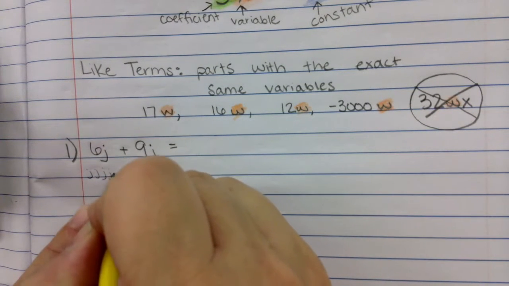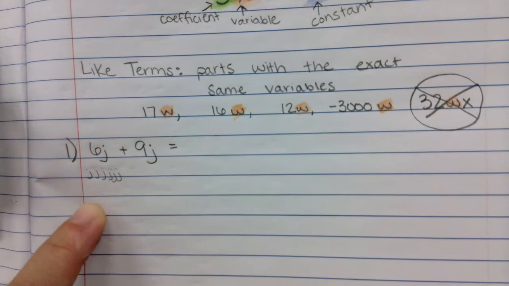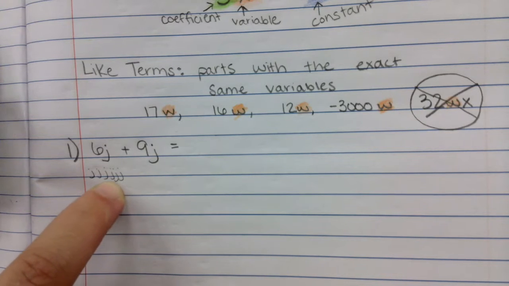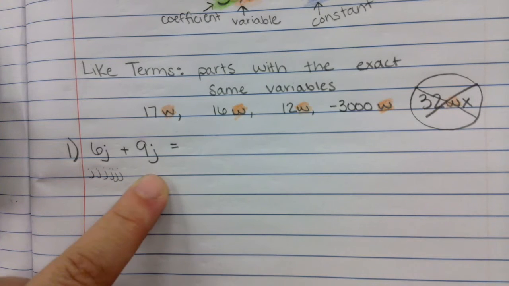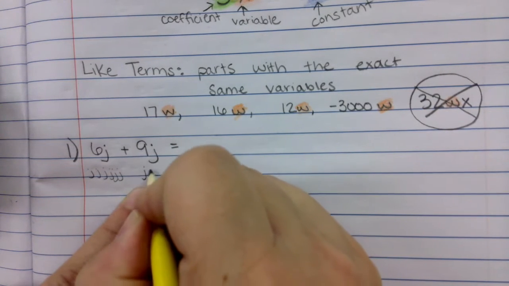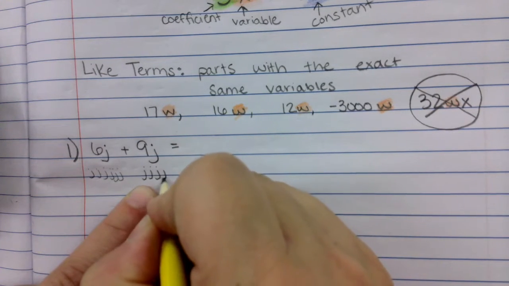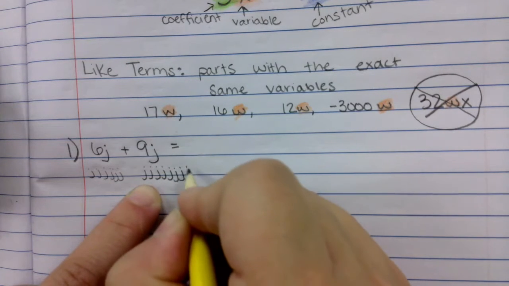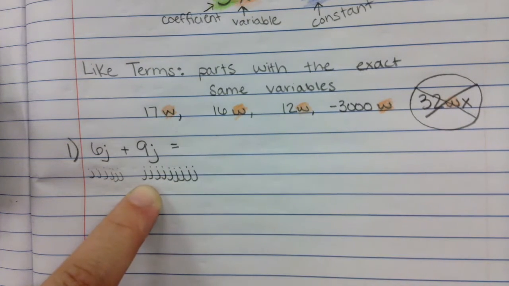J, J, J, J, J, J, 6 times. And I'm going to put it together with 9 J's. 1, 2, 3, 4, 5, 6, 7, 8, 9. Again, you don't have to write out those J's if you feel good. How many J's total would that be together?